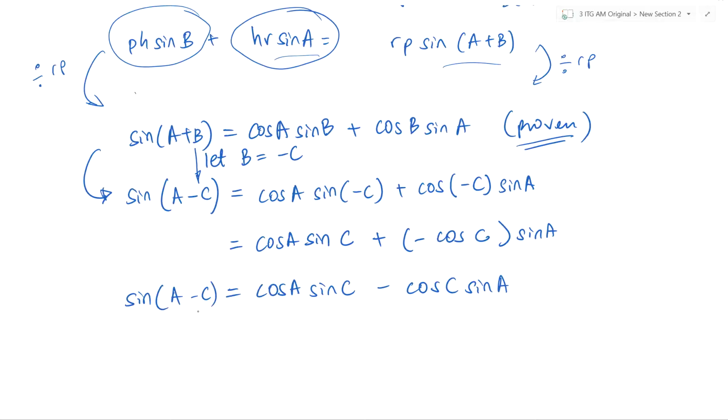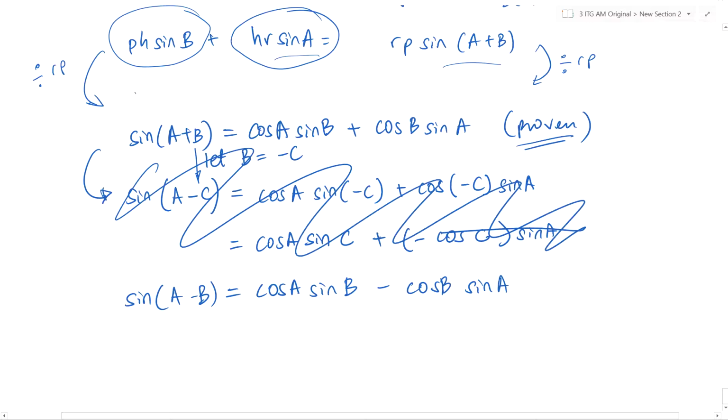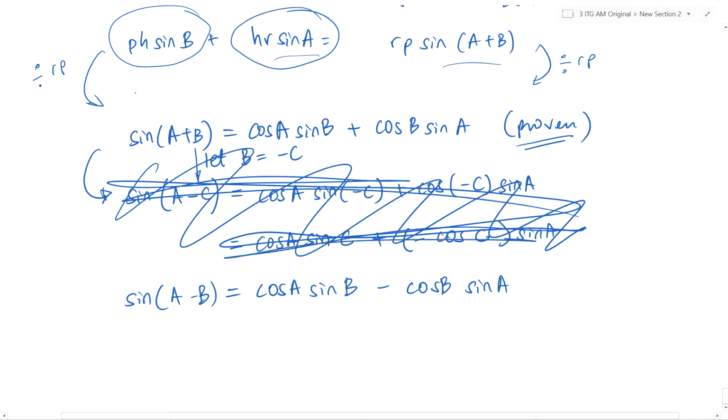Not a good idea. Let's change the C back to B. C is just a letter, I can change it to B if I like. All this becomes B, and we forget about all this.